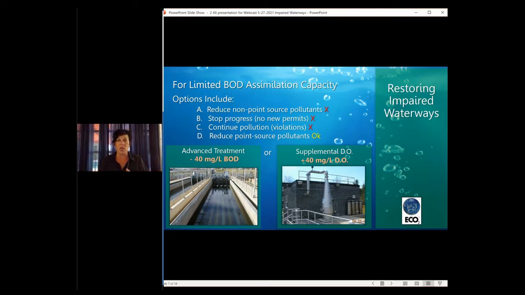So supplemental dissolved oxygen is a very valid option for reducing point source pollutants by offsetting BOD with supplemental dissolved oxygen. And it may surprise you, but you can get up to 40 milligrams per liter of dissolved oxygen quite easily by using pure oxygen gas and a very good dissolution method, like the Spice Cone by Eco2.